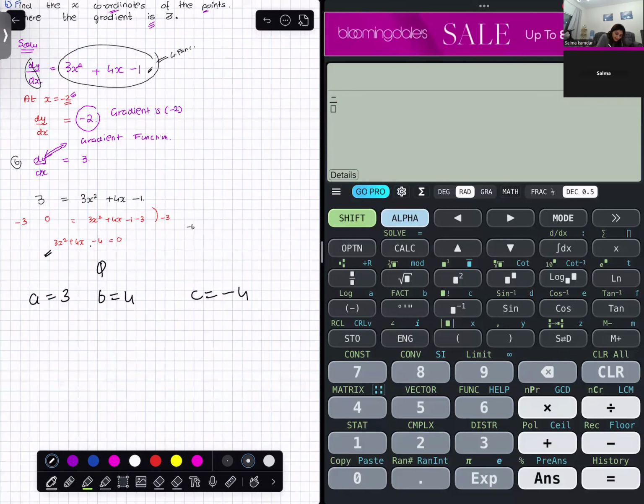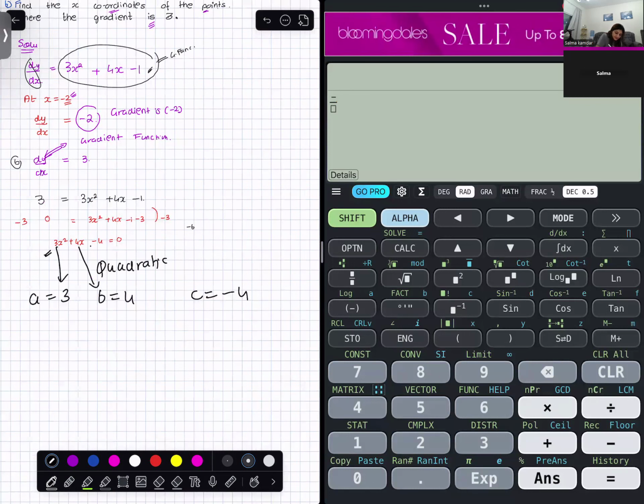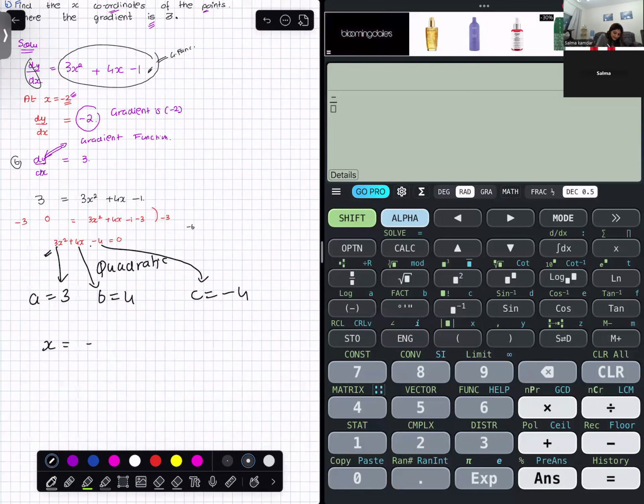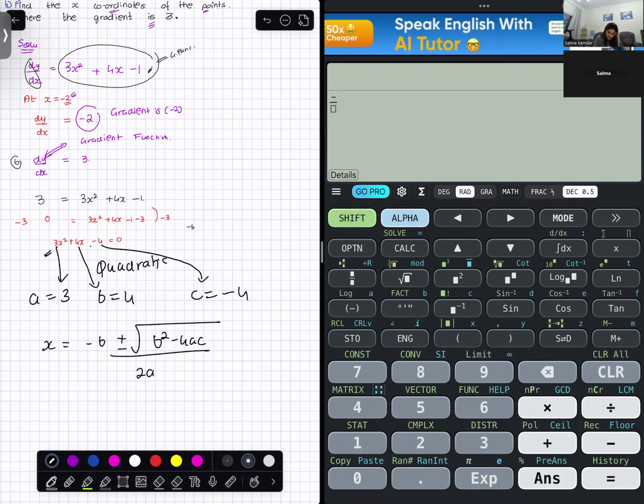We can use the quadratic formula where I could say my a is 3, my b is 4, and the c is minus 4. So my x would be minus b plus or minus root of b square minus 4ac over 2a. What you can do is you can put this in the calculator. So minus b, you will use different signs.